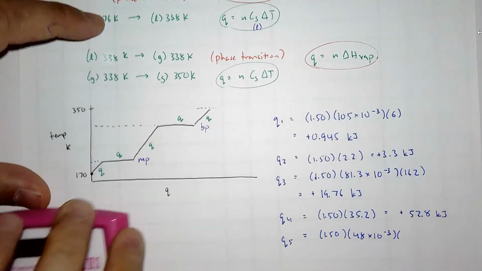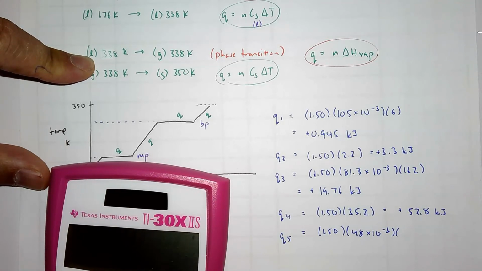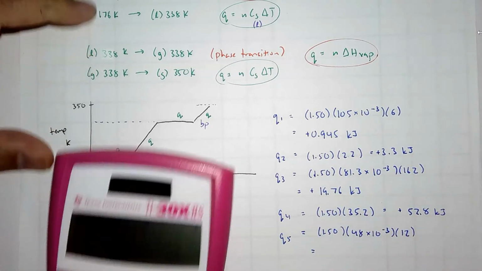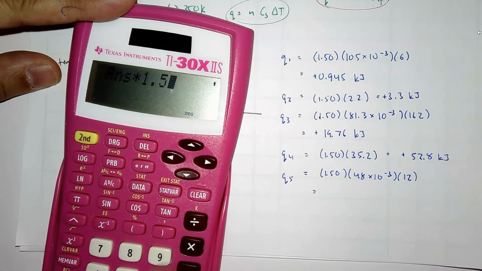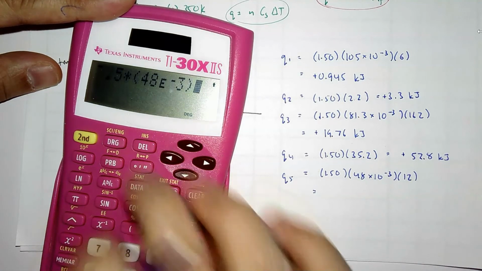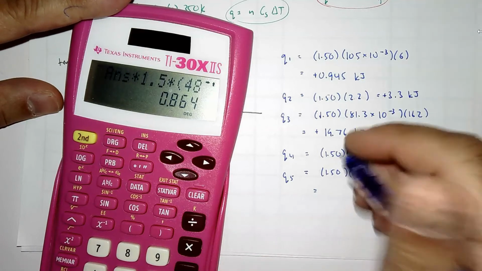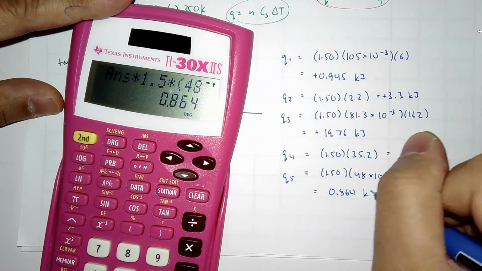The delta T is 350 minus 338, which is 12. Q5 equals 12 times 1.5 times 48 times 10 to the negative 3. Not sure if the parentheses are essential, but just to stay safe, 0.864 kilojoules.